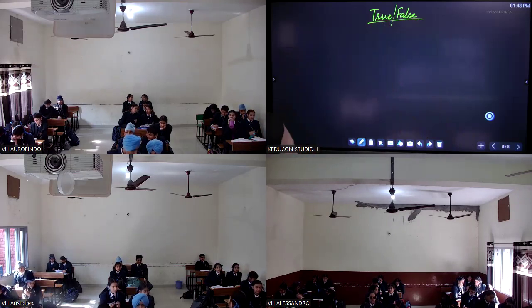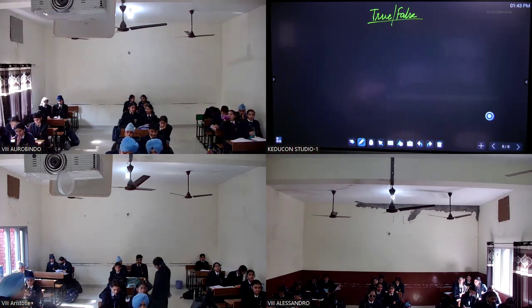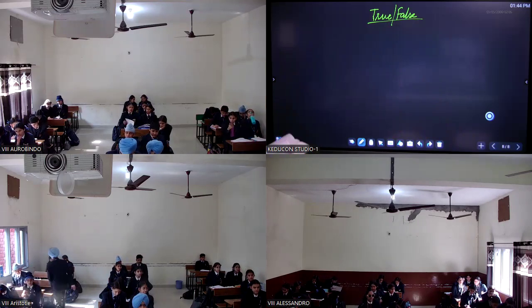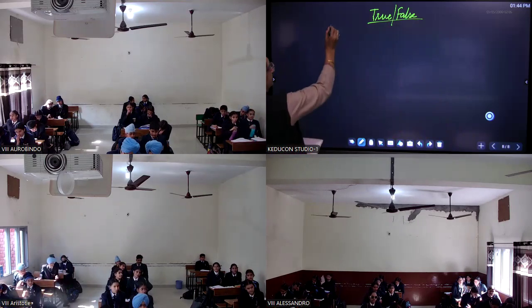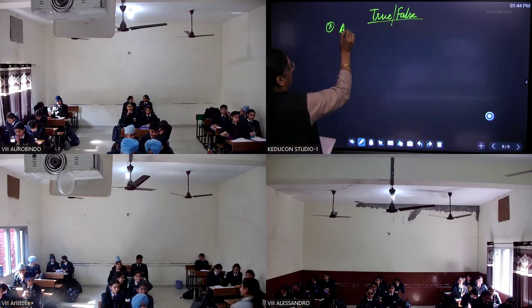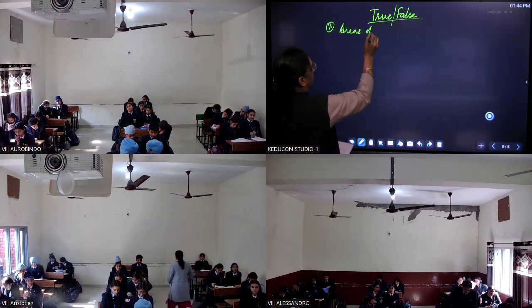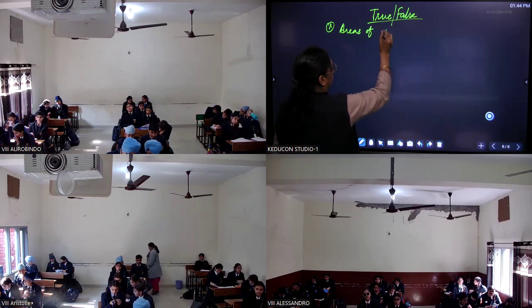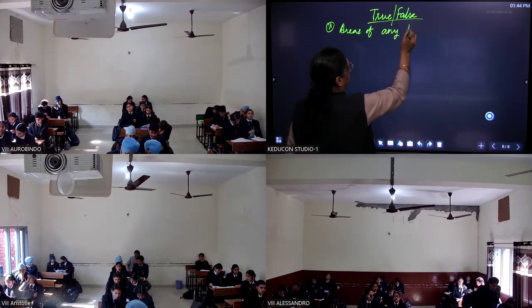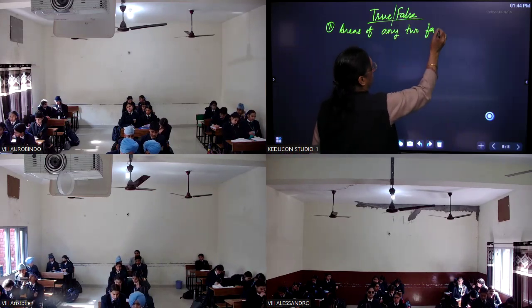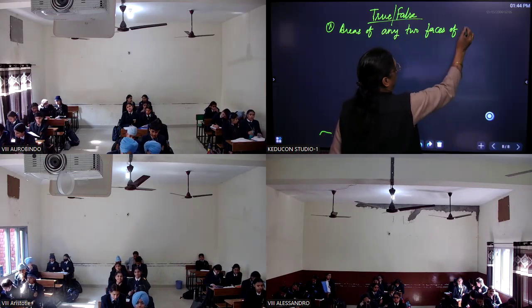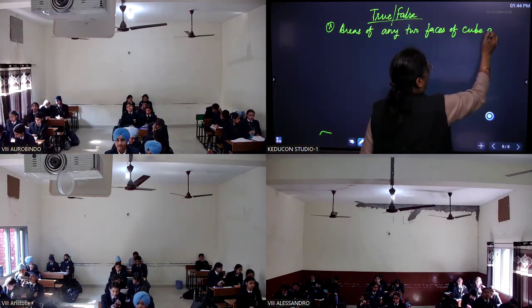Assertion reason gets done when you do true false. I'm writing first point: areas of any two faces of a cube are equal.